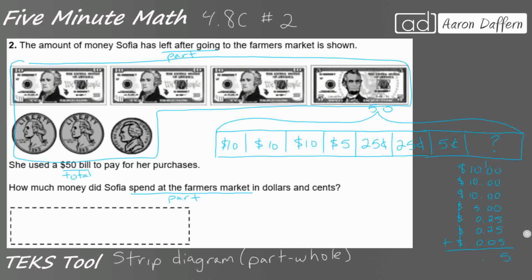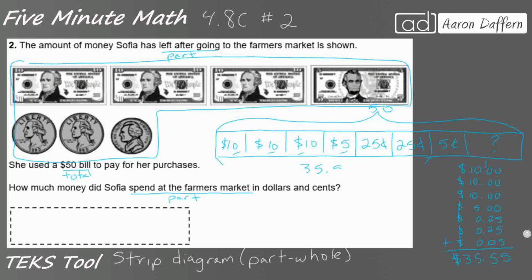All right, so I've got 1, 2, 3, 4, 5. And then I've got 5 ones and then 3. Okay, so 35.55. You also could have just done 10, 20, 30, 35, and then just added the coins. 35.25, 35.50, 35.55. So that's what this is right here.